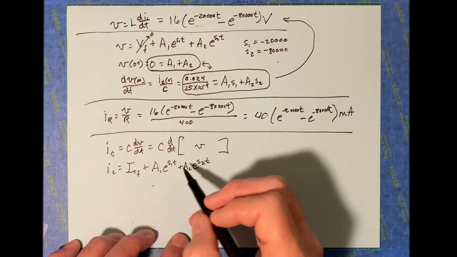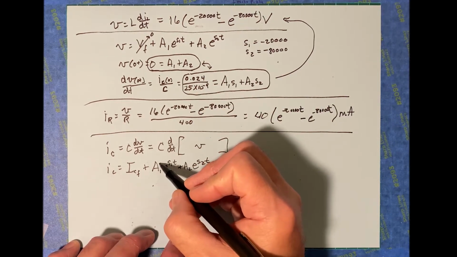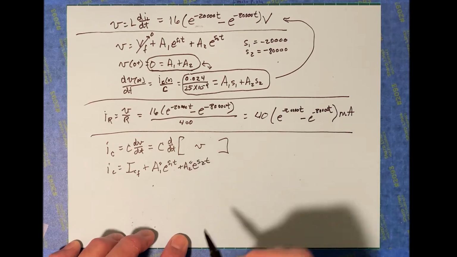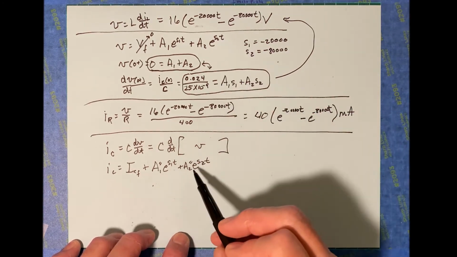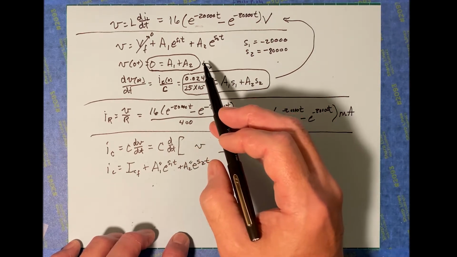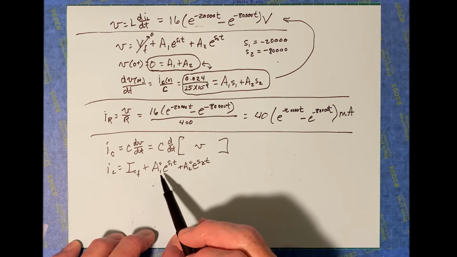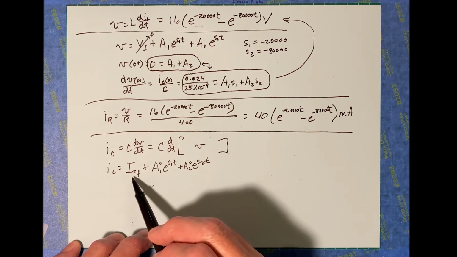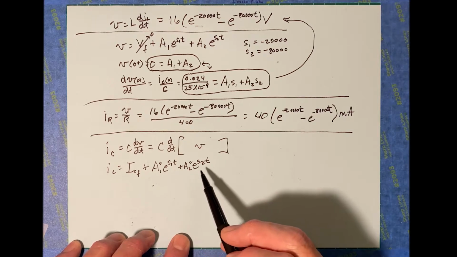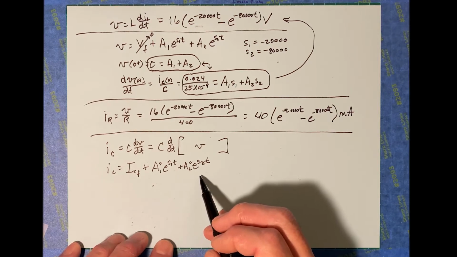This A1 and A2 are different than the A1 and A2 up here, so you might want to call that something else like double prime. Okay, the S1 and S2 would be exactly the same. So very similar to what we did here, you could do the same process here. Use your initial conditions for I sub C, for I final, to figure out what these coefficients are going to be.